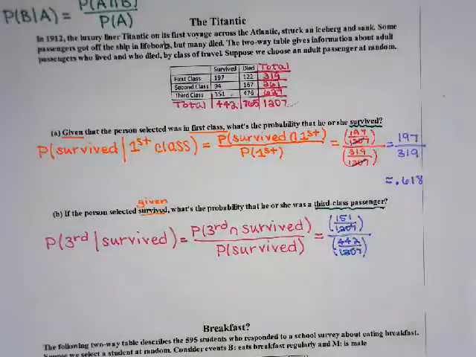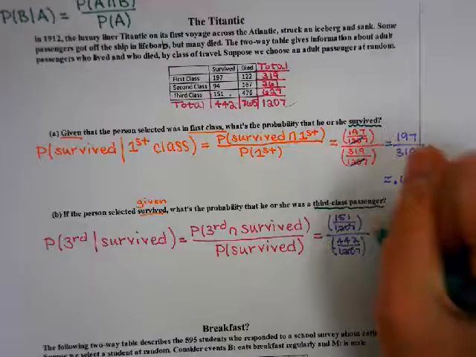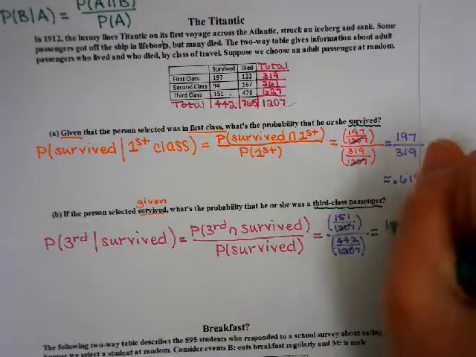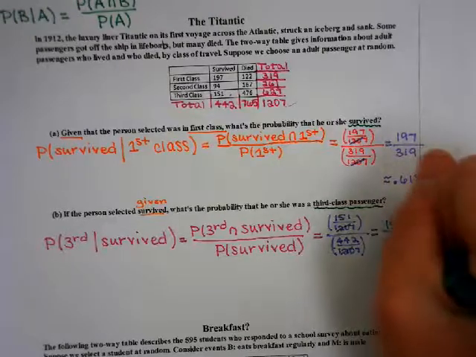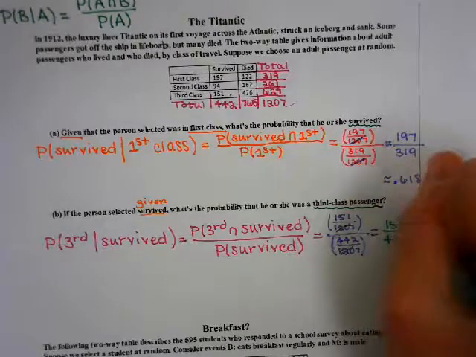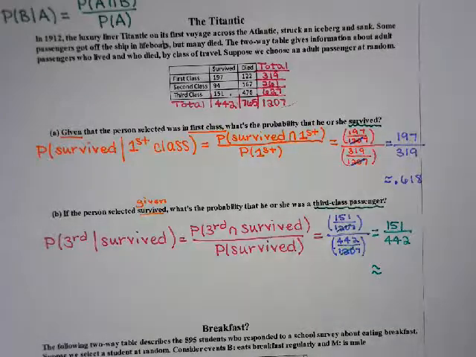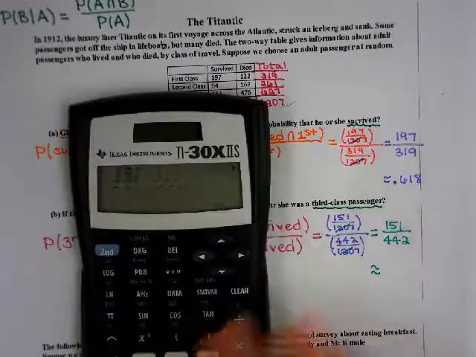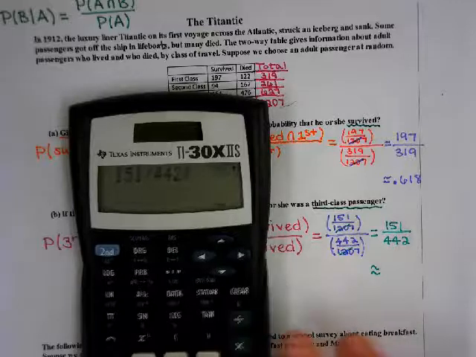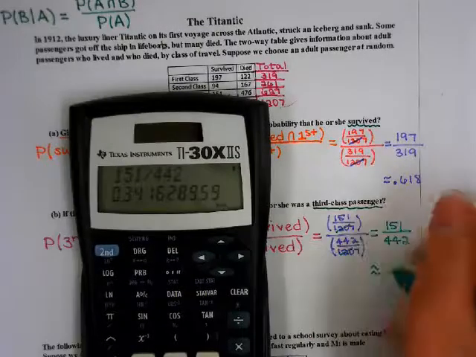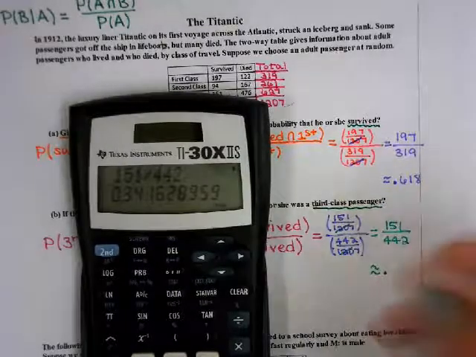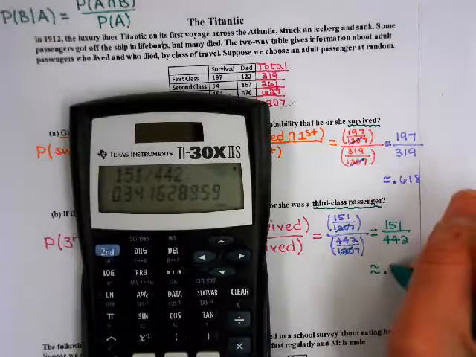And we get 151 out of 442. And again, we're going to get an approximate decimal. 151 divided by 442. So the probability they were in third class, given they survived, is about 0.342 or 34.2%.